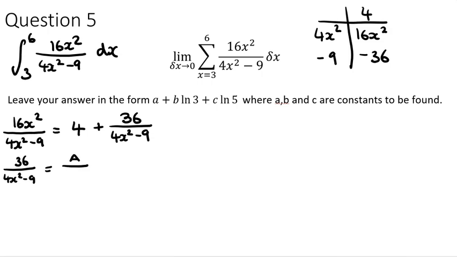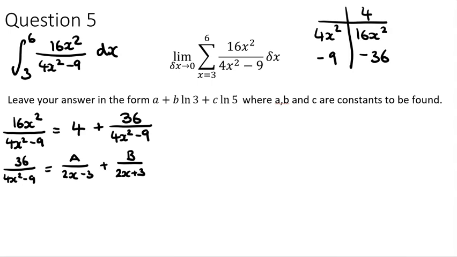What we notice is that the 4x squared minus 9, you can factorize. When you see things in the form ax squared minus b squared, try to think about the difference of two squares. So 4x squared minus 9 is going to be 2x minus 3 and 2x plus 3.